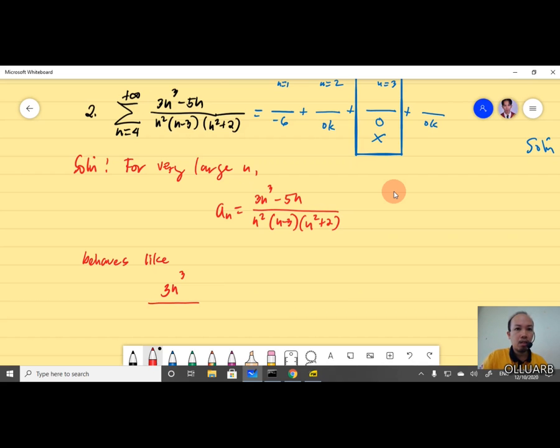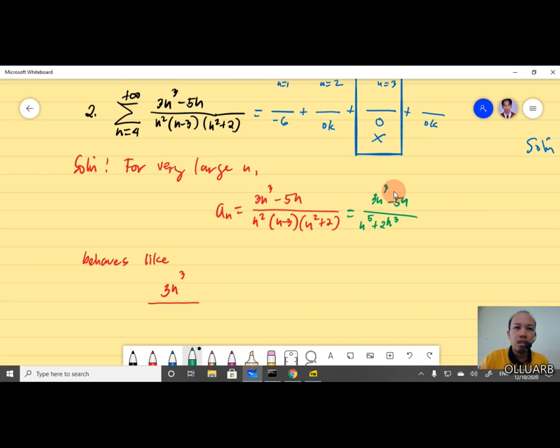In the denominator, as you can see, n times n squared is n cubed, times n squared is n to the 5, n times 2 is plus 2n cubed.